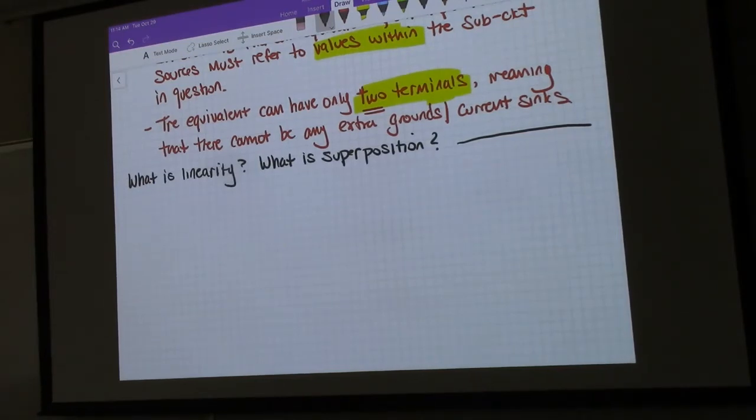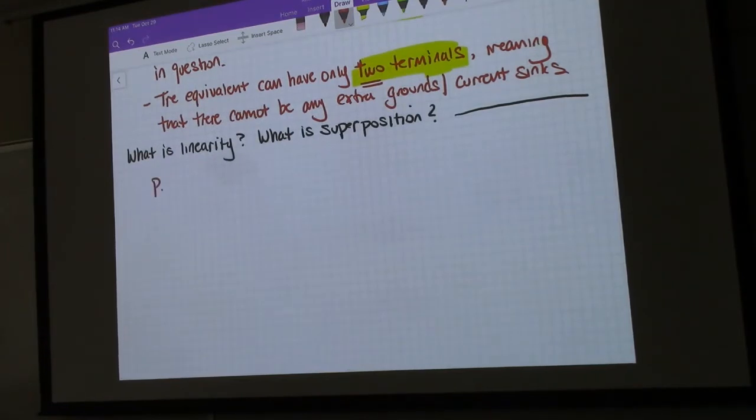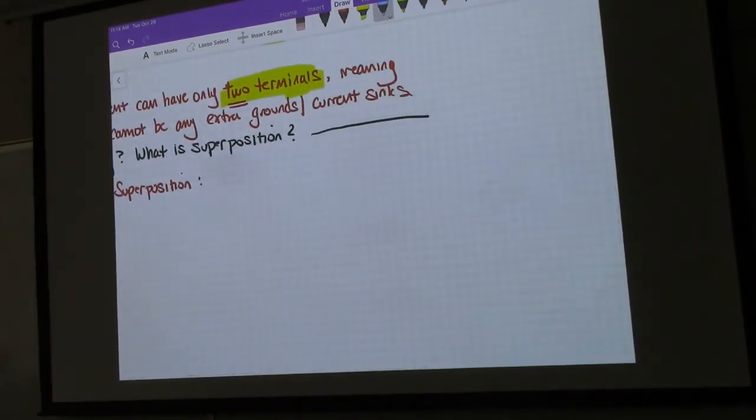So the principle of superposition tells us that for a linear system, we can treat the inputs as such.